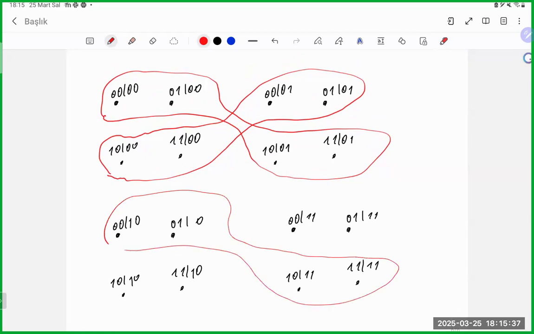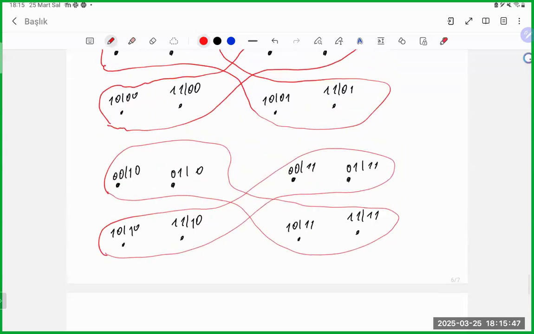Those are the edges with the same logic.